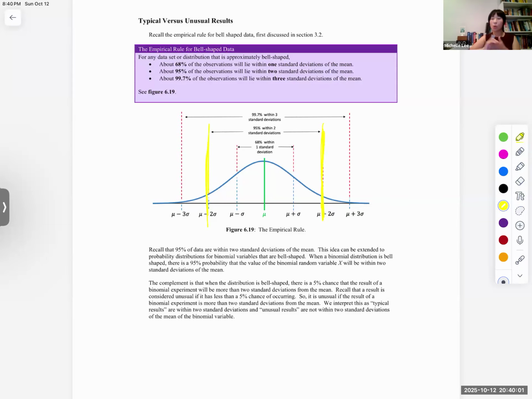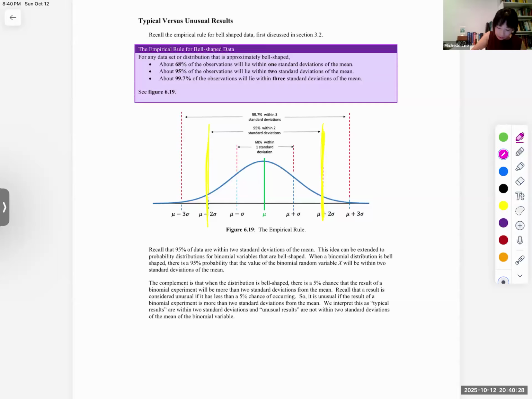So z equal to 0 where mu is, and 1 standard deviation from the mean is z equal to 1, then z equal to 2, and -1, sorry, let me write it down.